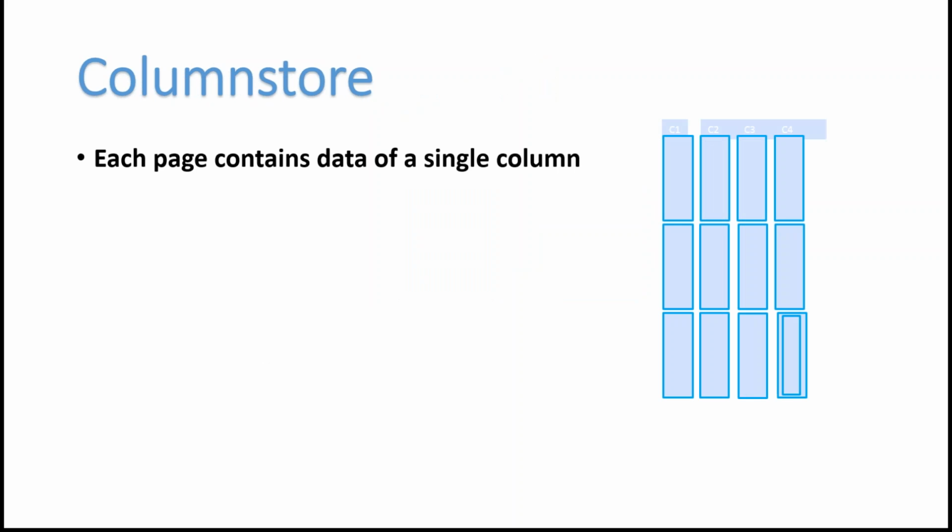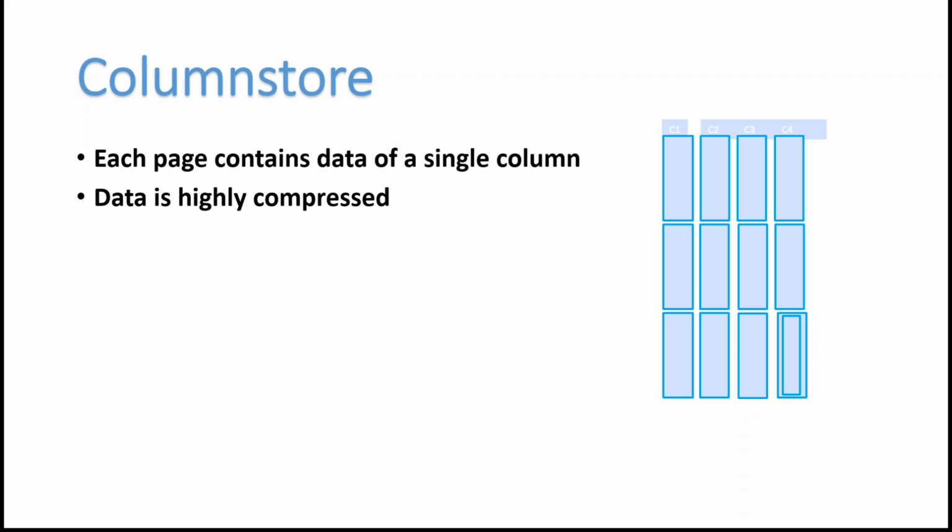In Columnstore, each page contains data of a single column as opposed to a single row. And since there is a lot of repeatability in column values, the data can be highly compressed. Let's say I store data of all of the states in the United States. Let's say we have 300 million people in the States.